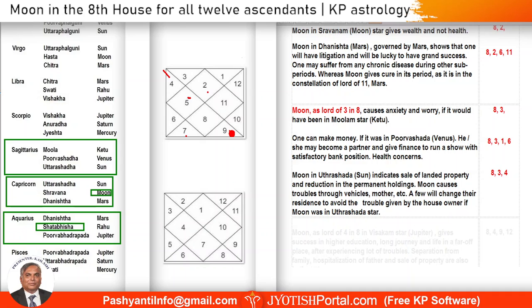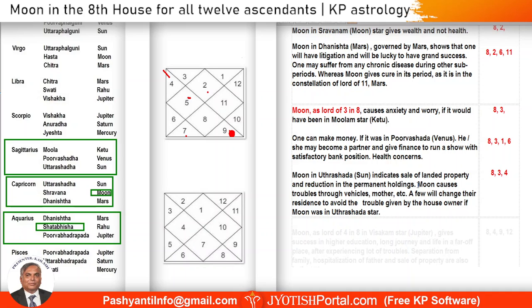And here, since third is also involved and it is 12th from the fourth house, that's why he indicates that there is going to be a sale of landed property and reduction in the permanent holding. It is basically a distress sale. A person is not going to get good money for his or her property because the sale is done for some distress reason.